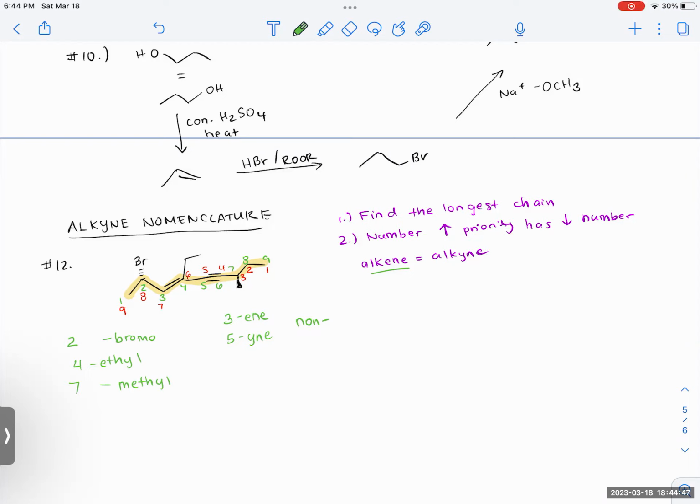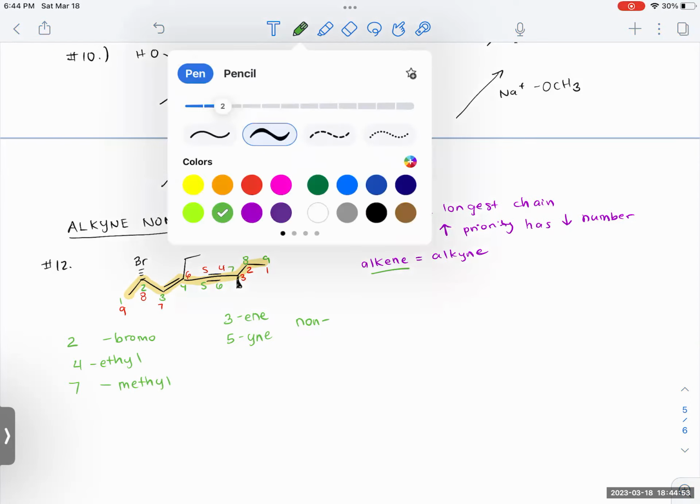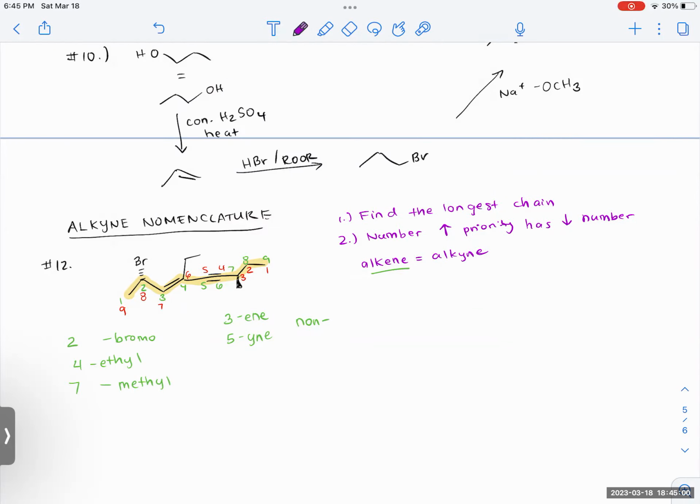So for my bromine, I need to figure out if it is R or S. To do that, color purple. We don't want to forget that we do have a hydrogen pointing out at us.